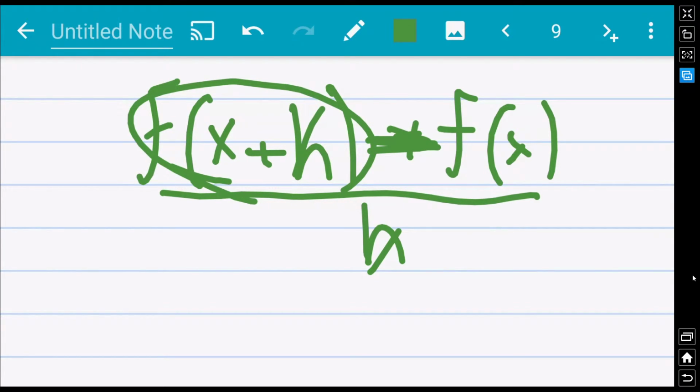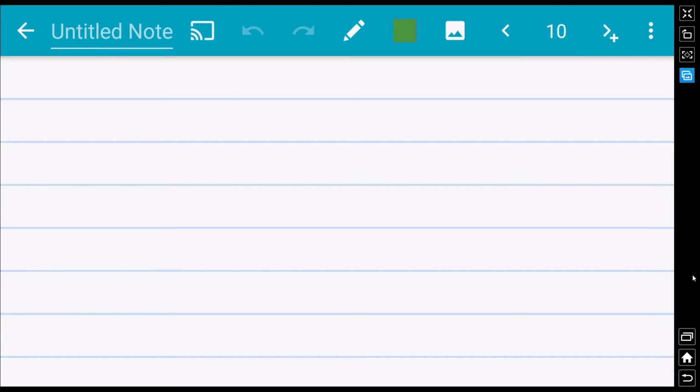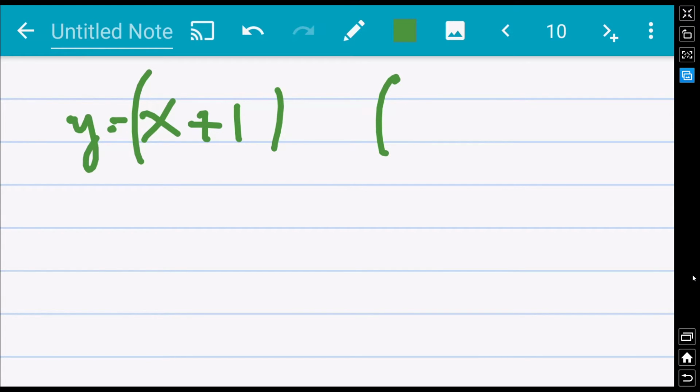But after a while, and I will not teach this because I don't feel it's necessary, it's just to teach the concept of a limit, you can cancel off these two h's by sometimes multiplying by the reciprocal. Let's say x plus 1. If y equals x plus 1, then y bar, which I call the reciprocal, is x minus 1.